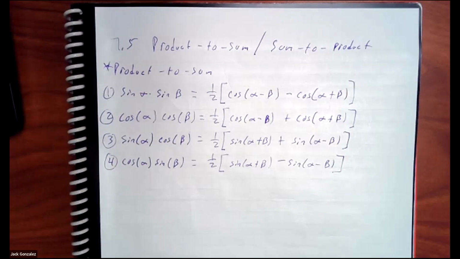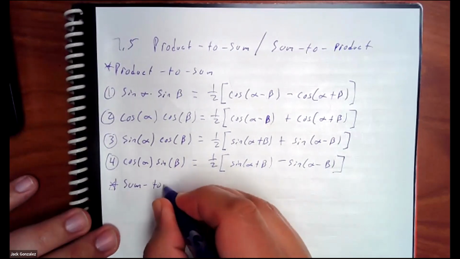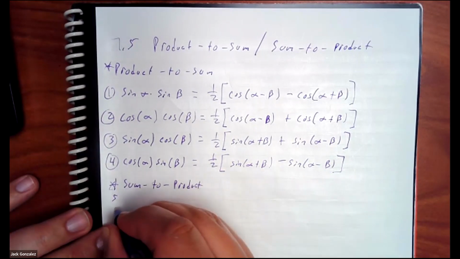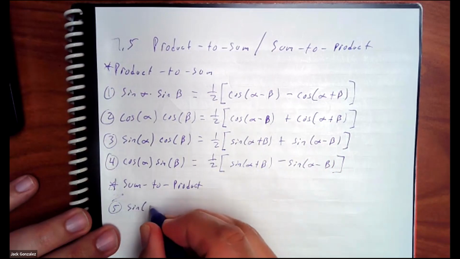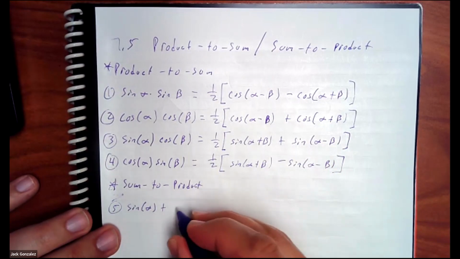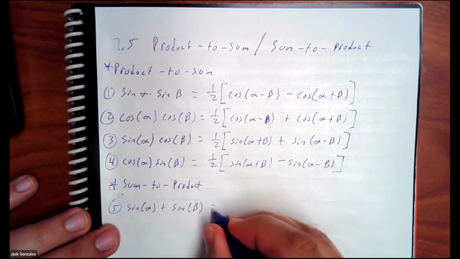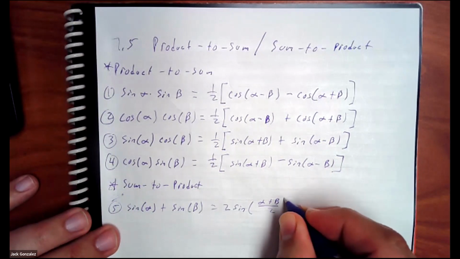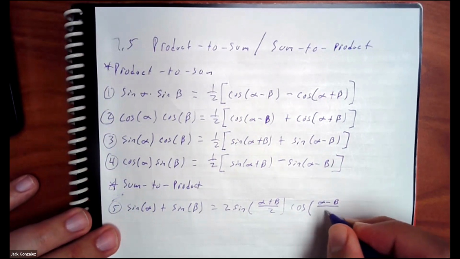Okay, now sum to product. Sine alpha plus sine beta is equal to 2 sine of alpha plus beta divided by 2 times cosine of alpha minus beta divided by 2.